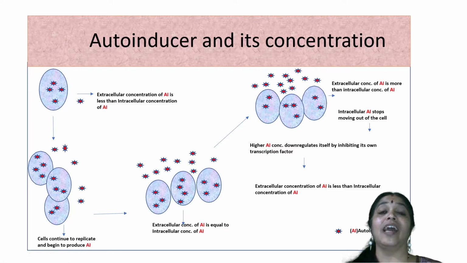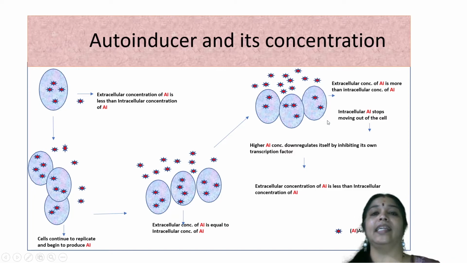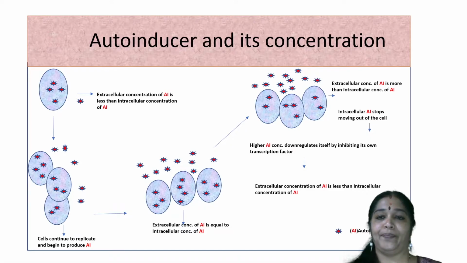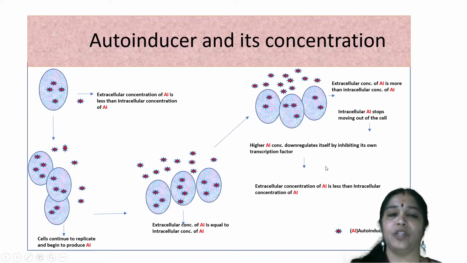So the intracellular autoinducers stop moving out of the cell. There's no diffusion of autoinducers from within to the outside, basically because the extracellular concentration of the autoinducers is more. So this becomes energetically inactive for the autoinducers within the cell. This high concentration of autoinducers downregulates itself by inhibiting its own transcription factor.